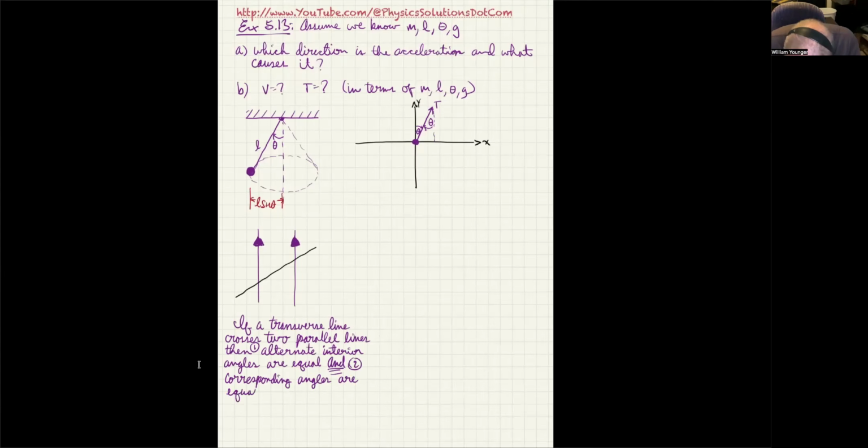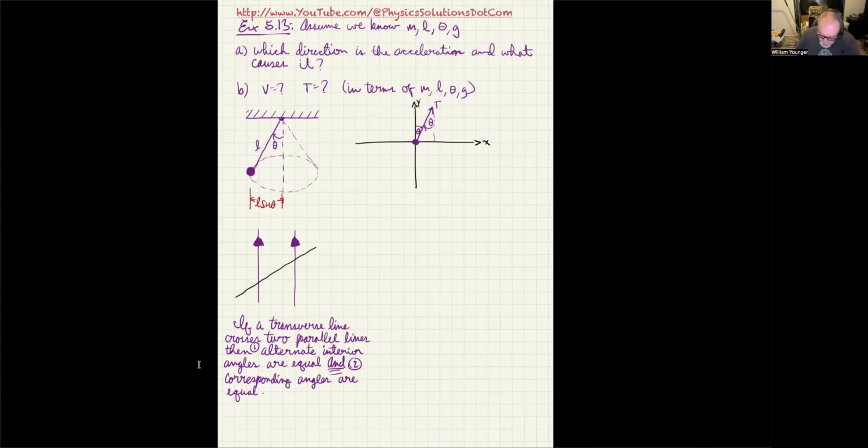Now that means specifically once you learn what alternate interior angles are and corresponding angles are, that if the two railroad tracks are parallel and the rebar crosses it, then alternate interior angles are equal and corresponding angles are equal. But if the railroad track lines are not parallel, then those two are not equal.